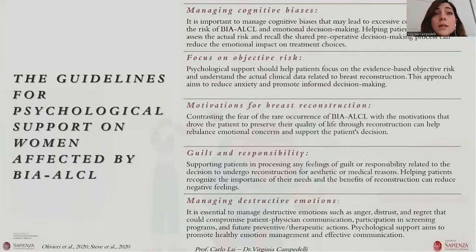Then it's important to focus on the actual risk. Psychological support should help patients understand the evidence-based risk and clinical data on breast reconstruction, and this can alleviate anxiety and lead to decisions based on a clear understanding.